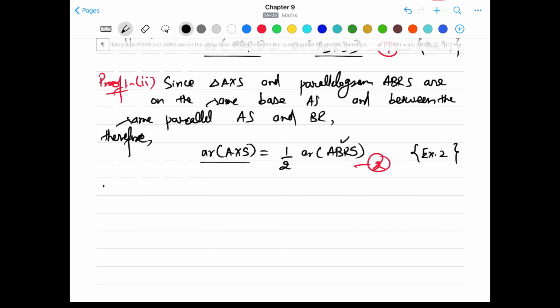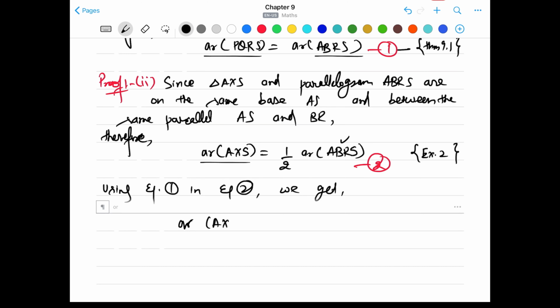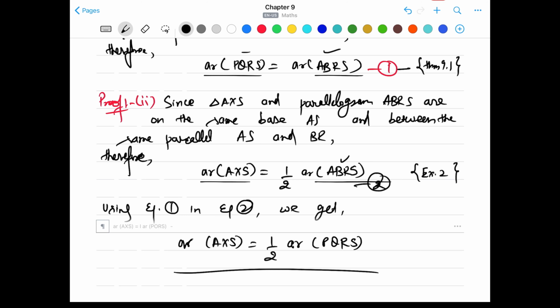Okay, so using equation 1 in equation 2, we get the area of triangle AXS is equal to half the area of PQRS, because we have proved in equation 1 that ABRS and PQRS are equal. And this is what we are asked to prove in the second part of question number 5.